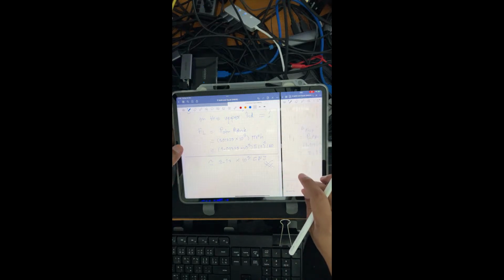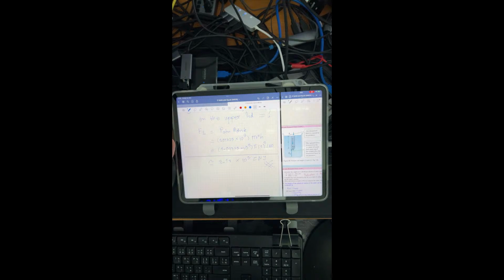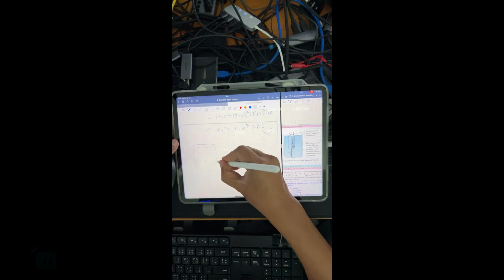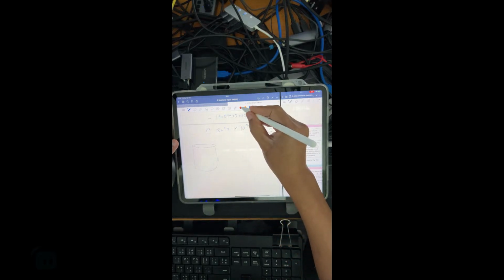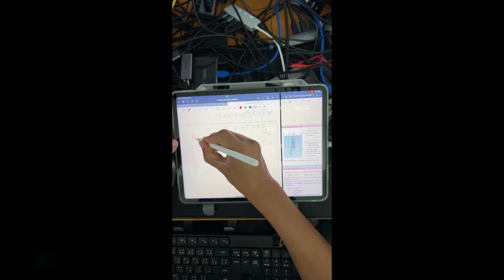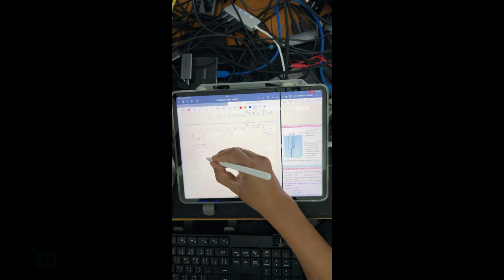Let's talk about the third quantity. They want to know the pressure at this level. Pressure at this level would be equal to the force divided by the area, F up over the area. But what is the expression of F up? This is the can, this is the cylinder. There are forces: this is F air, or F perpendicular.